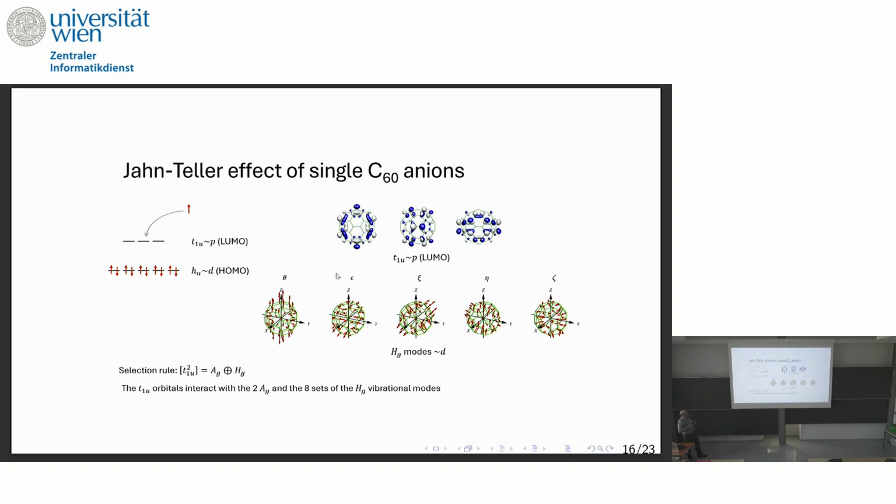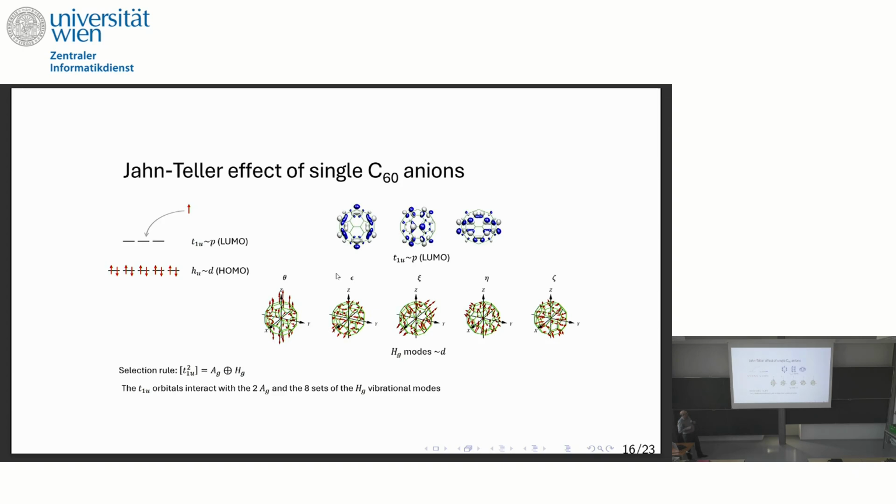You have the lowest unoccupied orbital, T1u, three-fold degenerate. When you put alkali atoms, it is doped by one electron or a few electrons, and you have the Jahn-Teller effect, interacting with five-fold degenerate modes, Hg modes.